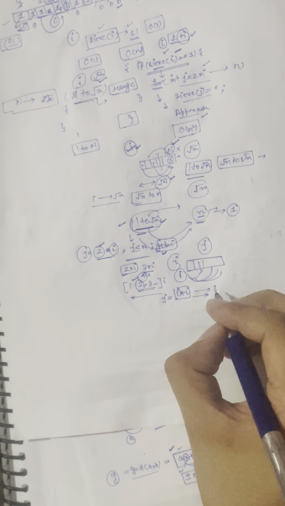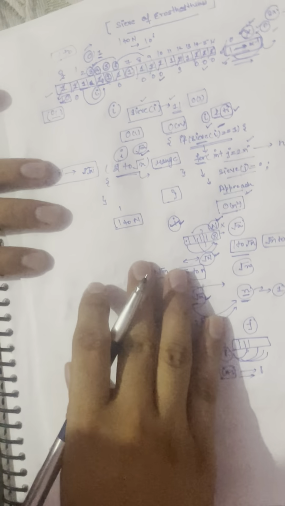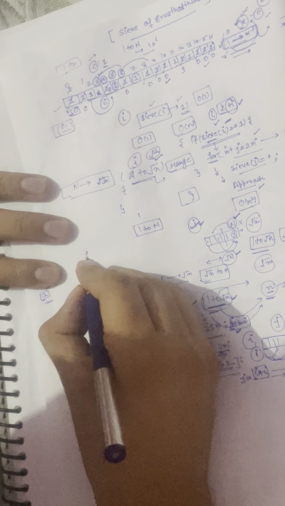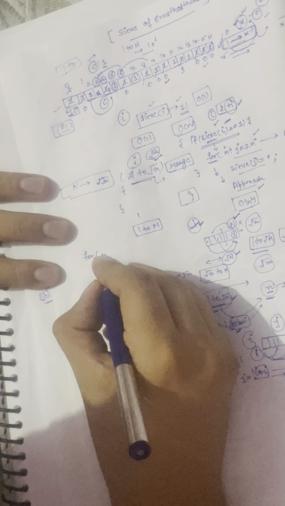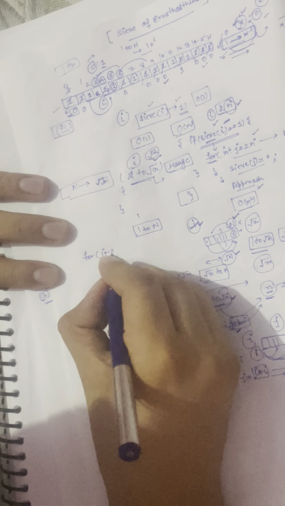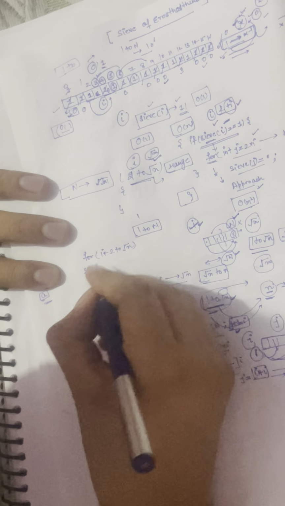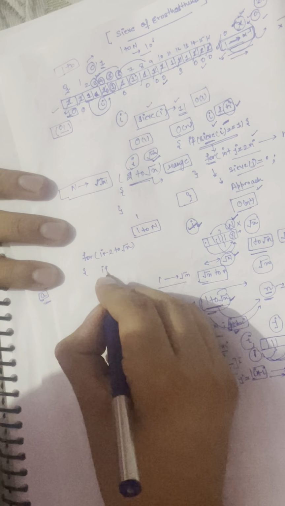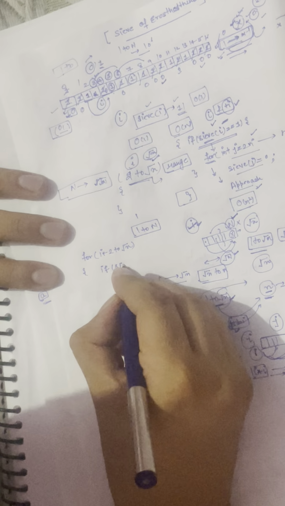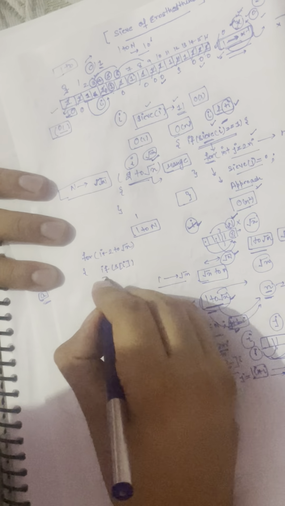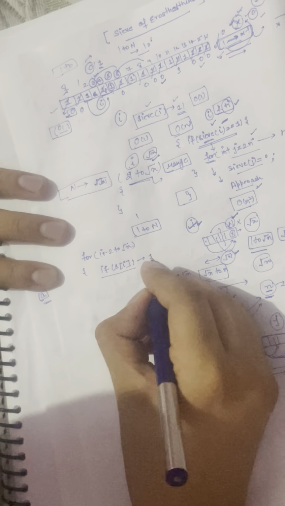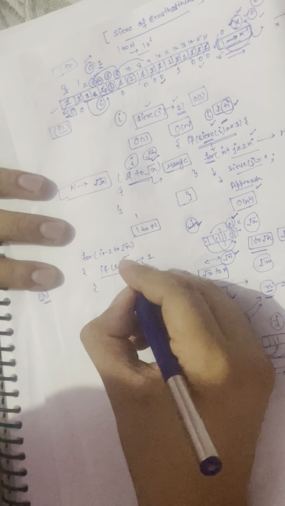This is the second optimization. So now the modified code: we iterate I from 2 to root n inclusive, and if sieve of I exists and is 1, then I is a prime number.